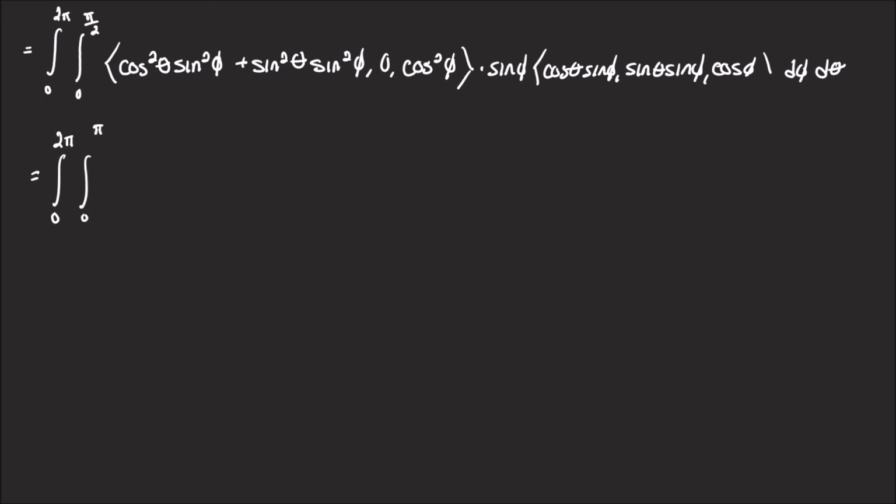Now, when we do the dot product, we'll be left with sine of phi times cosine of theta sine cubed of phi plus cosine cubed of phi, d phi d theta.